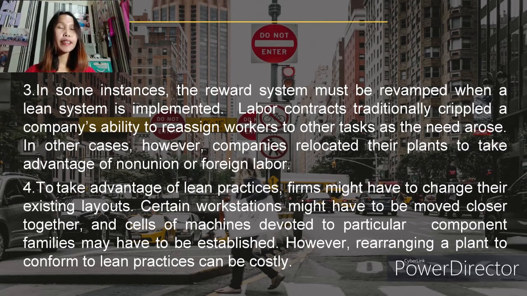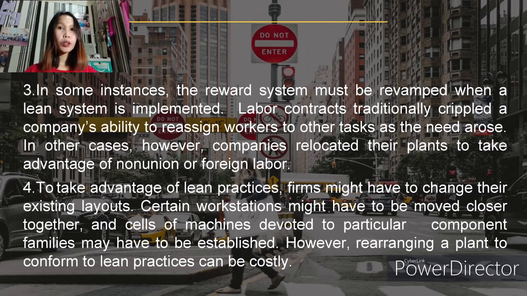Third, in some instances, the reward system must be revamped when a lean system is implemented. Labor contracts traditionally crippled a company's ability to reassign workers to other tasks as the need arose. In other cases, however, companies relocated their plants to take advantage of non-union or foreign labor.